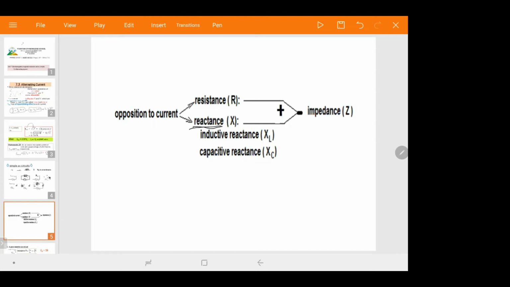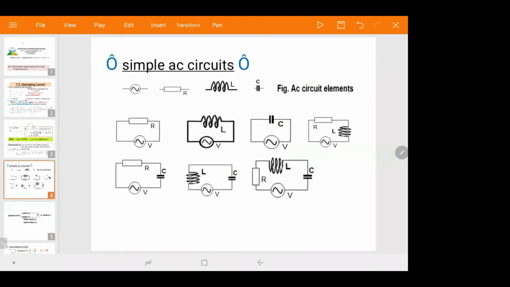Now, I told you earlier that we can have a resistor and an inductor combined, or a resistor and a capacitor combined.